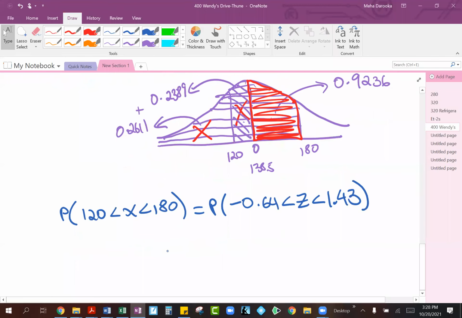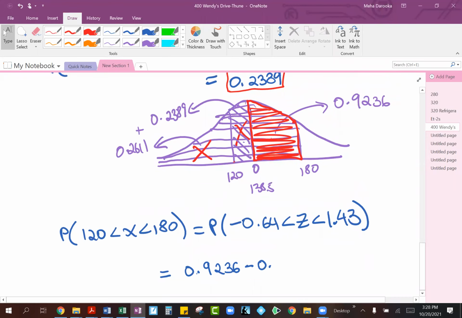So the first thing we are going to do is take our 0.9236. You will first take the entire area, which is going from 180 all the way to the left. And from that, we are going to subtract what? Since we are trying to find the area between 120 and 180.